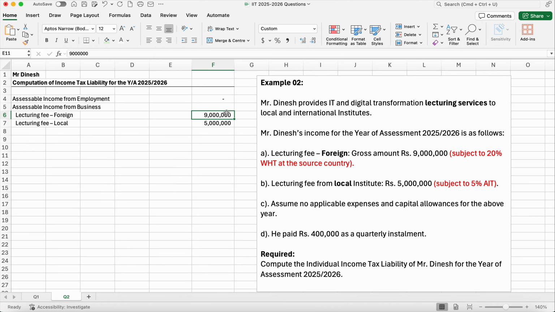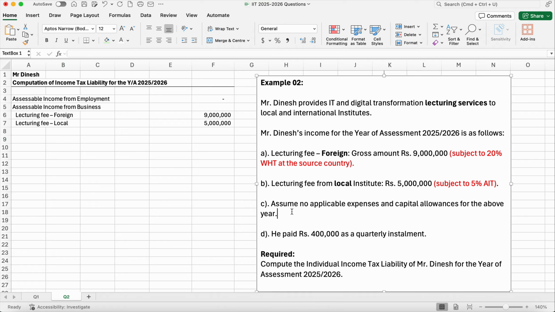If you have any attributable expenses, such as salary paid to staff, traveling related to work, professional fees, or printing, stationery and lecture material related to this lecturing, he can deduct those.